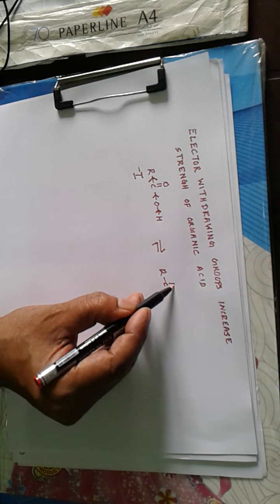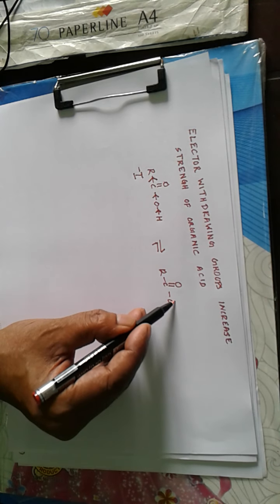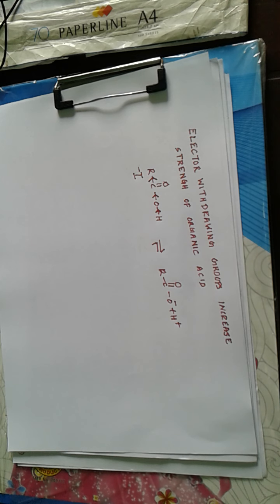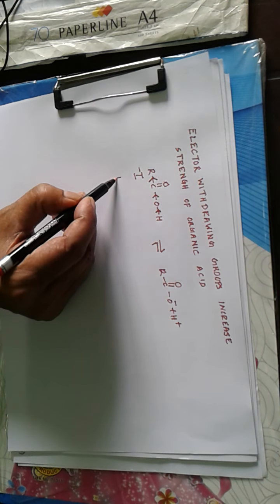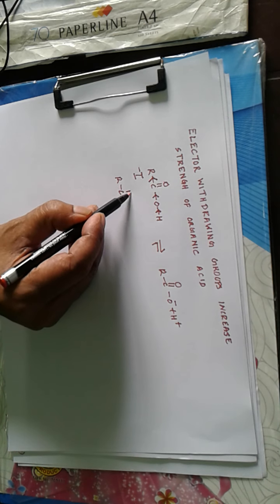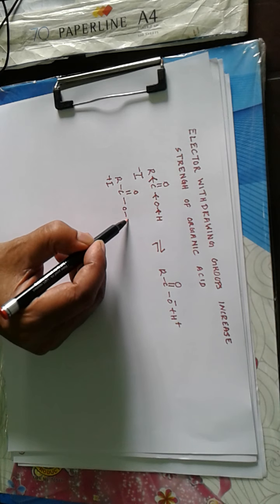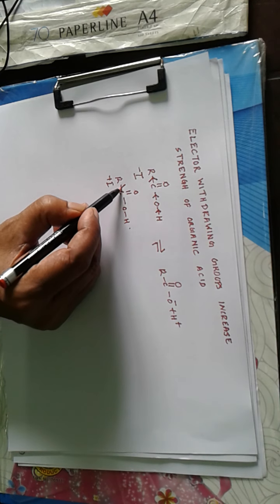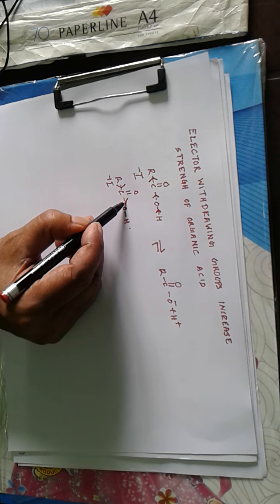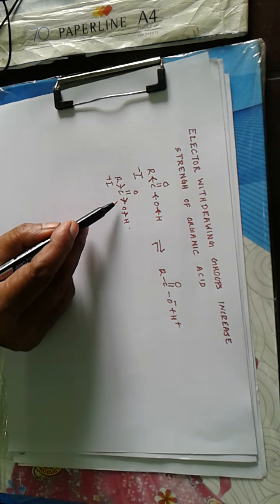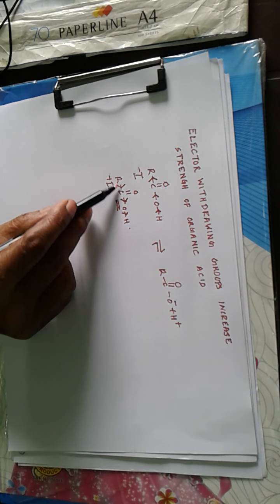So we get RCOO minus and H positive. On the contrary, electron donating groups will decrease the acid strength. So suppose R is electron donating, or a plus I group, then there is pushing of electron density towards the OH group, so that the oxygen atom gets electron density from the group.